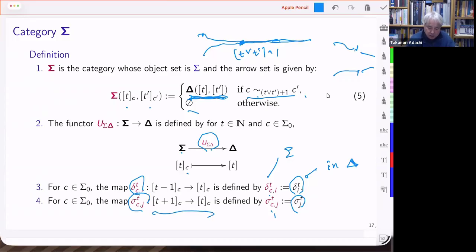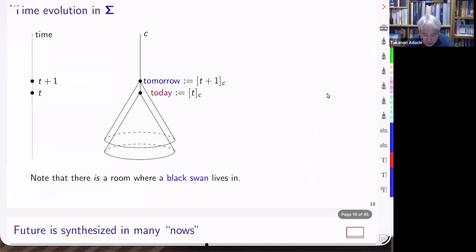The important thing is that all the arrows in this sigma can be represented with little delta and little sigma maps, just like the simplex category. And this is the category sigma, and we will use this guy as a time domain.